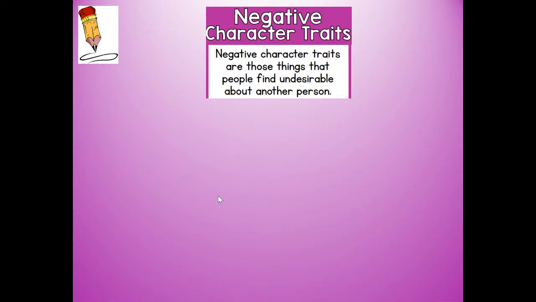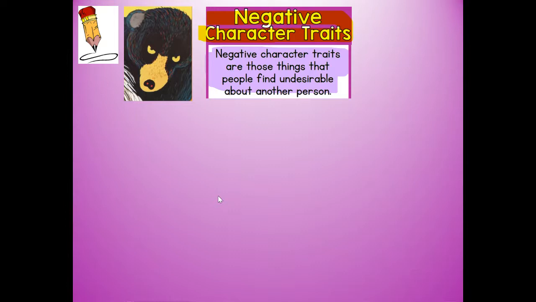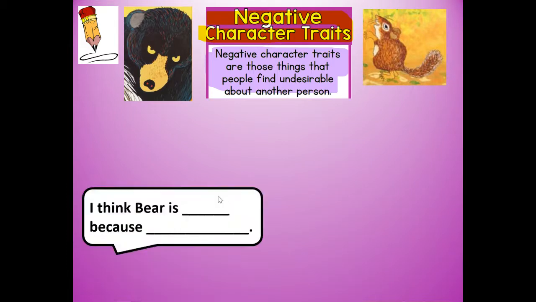So now's our time to talk about our characters and write about their negative character traits. Negative character traits are those things that people find undesirable about another person or animal. So Bear and Brown Squirrel have some negative character traits.